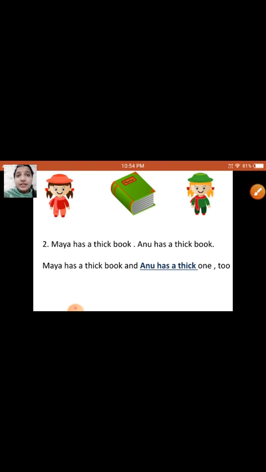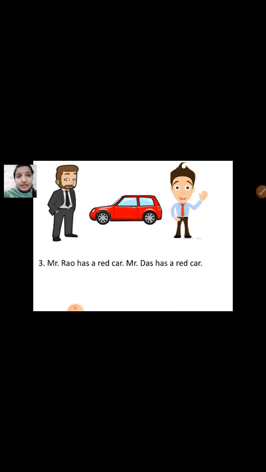Now let's come to the third question. Mr. Rao has a red car. Mr. Das has a red car. How are you going to make one sentence? Just think. Here is the answer. Mr. Rao has a red car and Mr. Das has a red one, comma too. Too is used also.